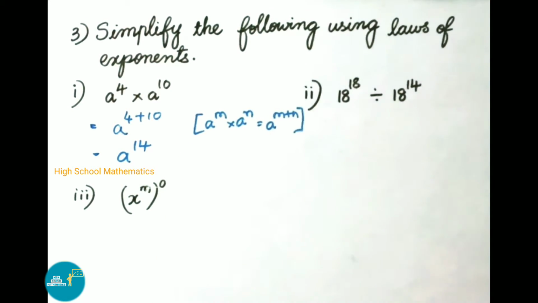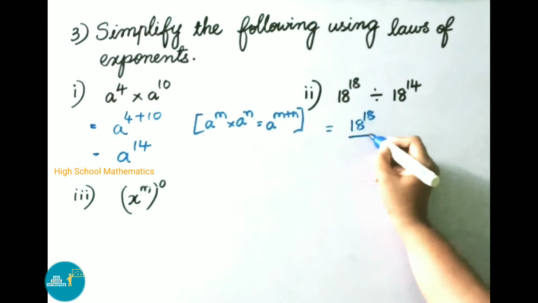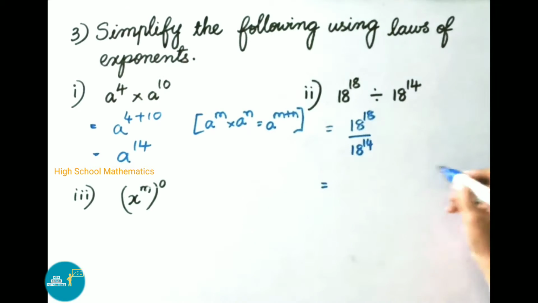See now second one, 18 power 18 divided by 18 power 14. It can be written as 18 power 18 by 18 power 14. It is looking like the formula a power m by a power n, that equals a power m minus n, if m value is greater than n.